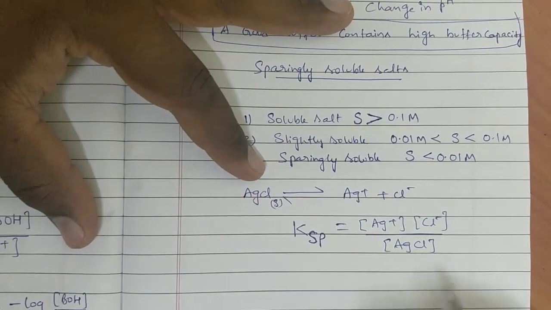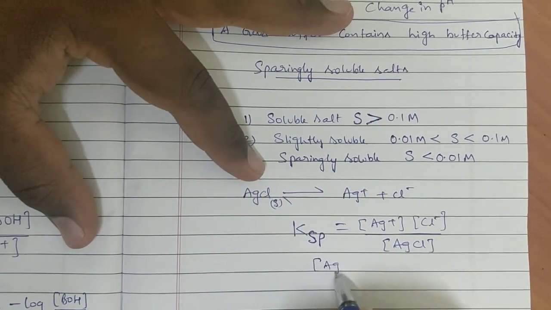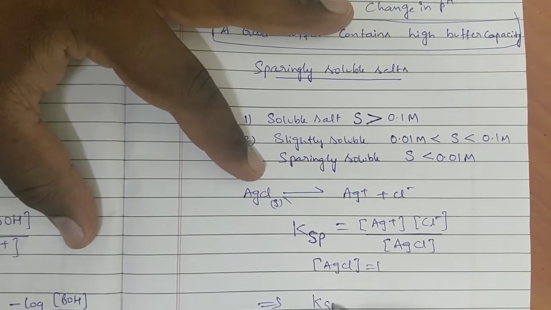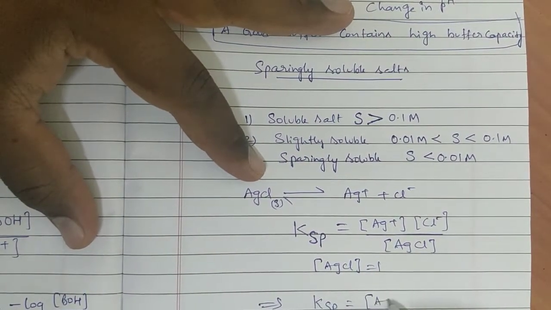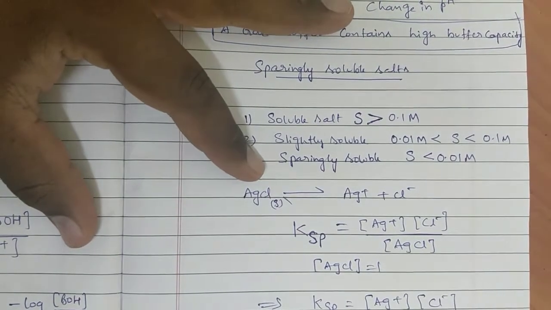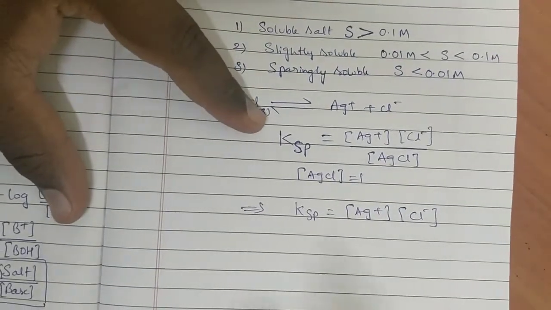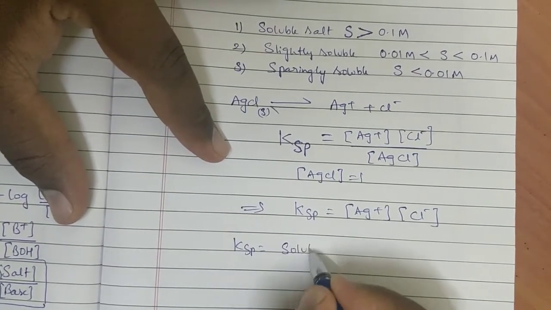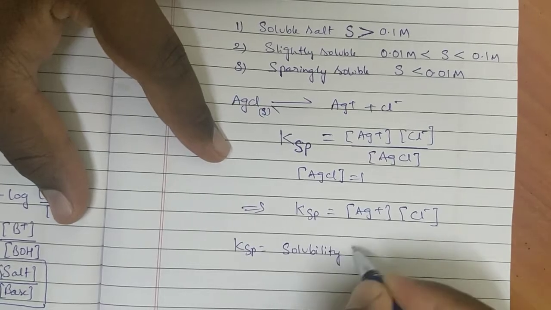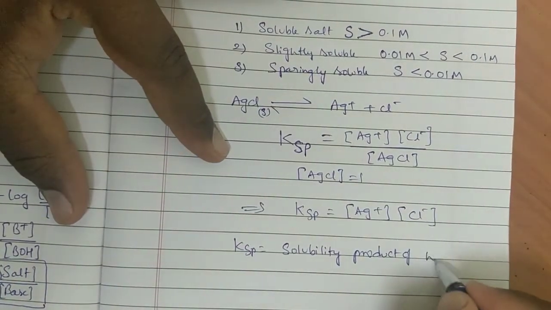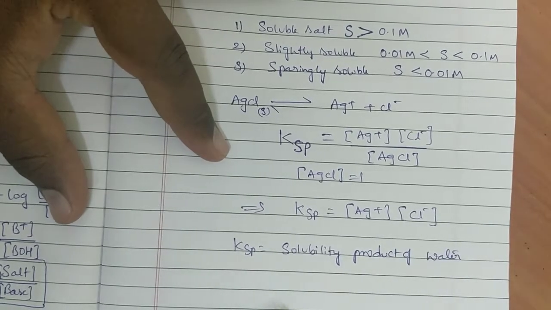Generally for solids and liquids, concentration we take as unity. So finally KSP is equal to the concentration of Ag plus into the concentration of Cl minus, where KSP is the solubility product.